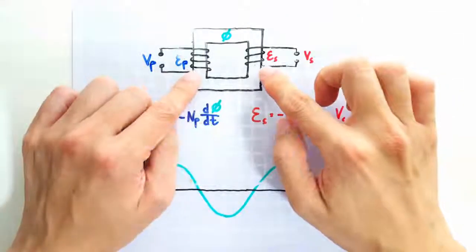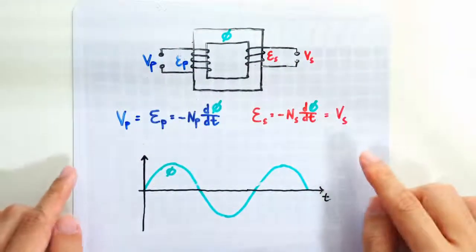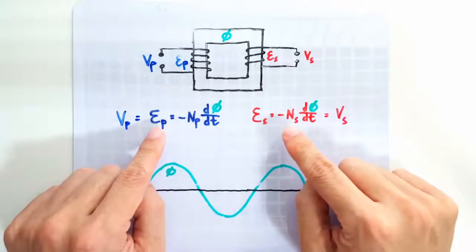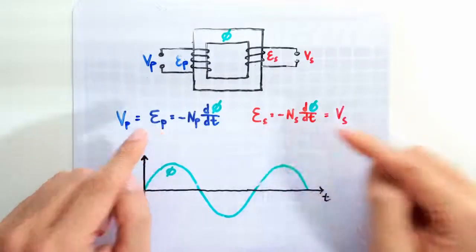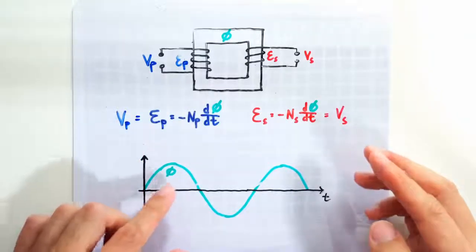Okay, the first version, which is the correct physics, is that both the coils see the exact same flux. So by Faraday's law, the induced EMFs in both the primary and the secondary should both be off by a quarter of a cycle compared to the magnetic flux.